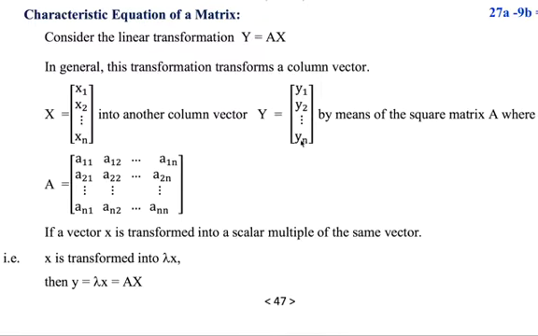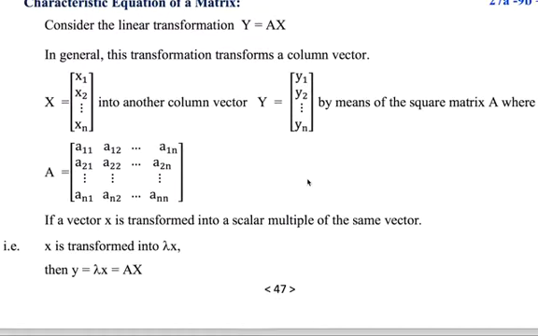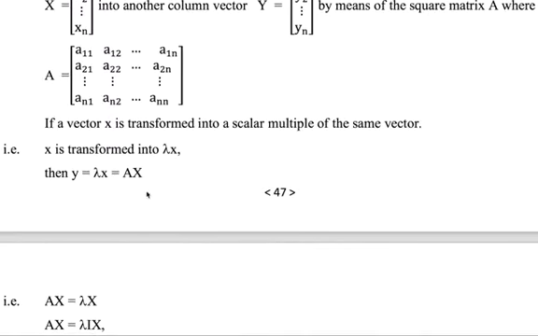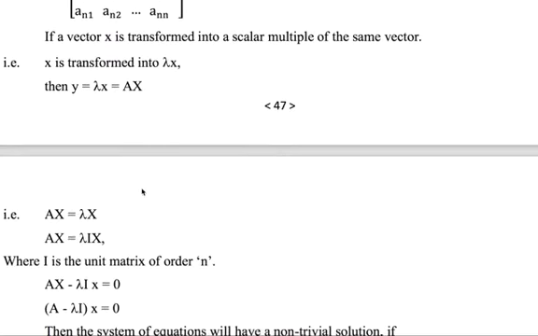By means of the square matrix A, if a vector x is transformed into a scalar multiple of the same vector, that is x is transformed into lambda x, then y equal to lambda x, so equal to A x.